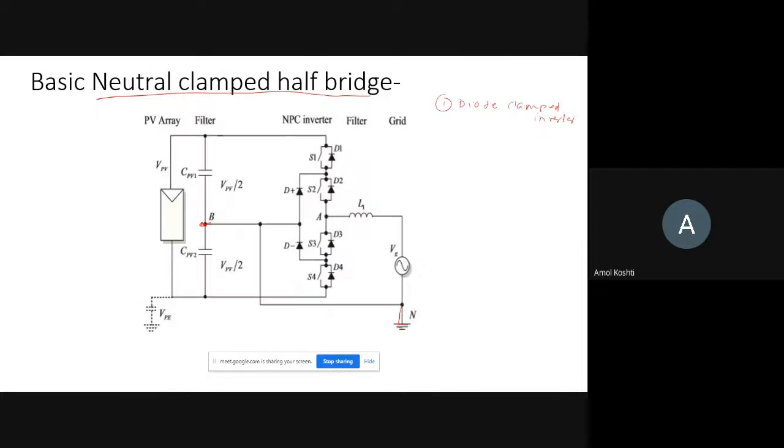We have studied the formulas: how many switches we need to produce the output. If you remember the formulas, 2 into m minus 1, then m minus 1, where m is nothing but the level.